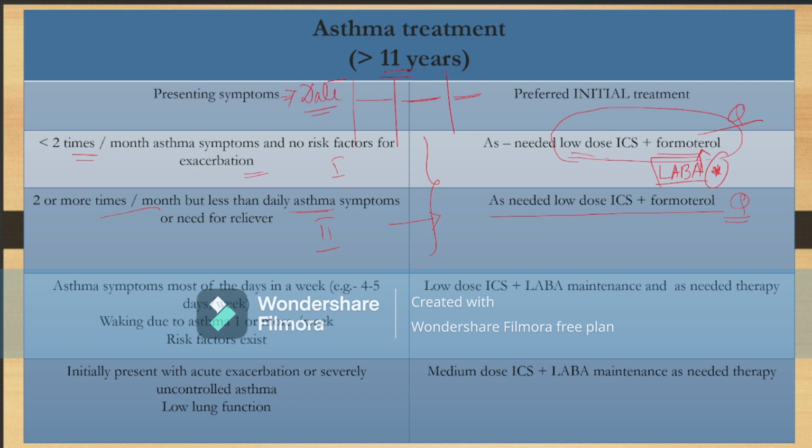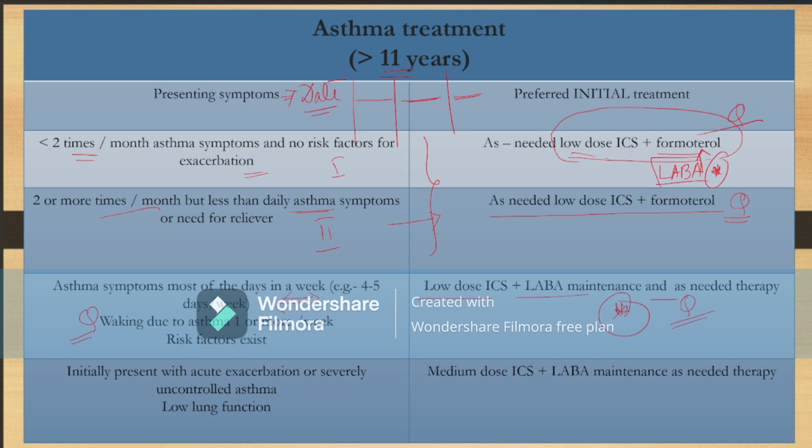If the patient has night awakening more than or equal to 1 time in a week, or the child has daily symptoms of asthma, then we go for low dose inhaled corticosteroid and LABA as a maintenance as well as as need therapy. This is also a new change in GINA guideline.